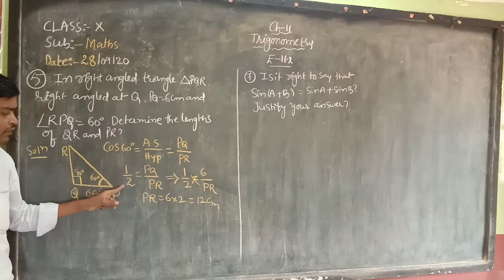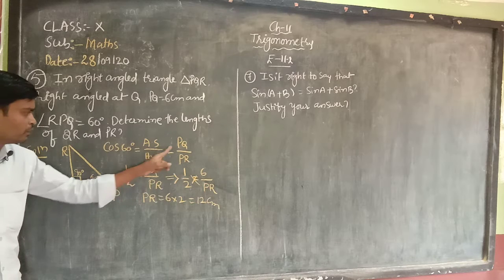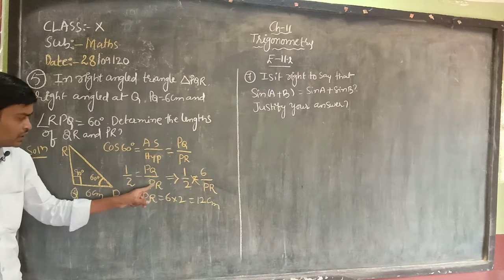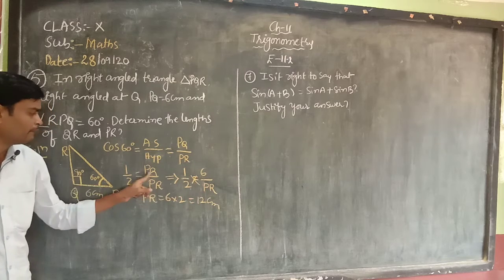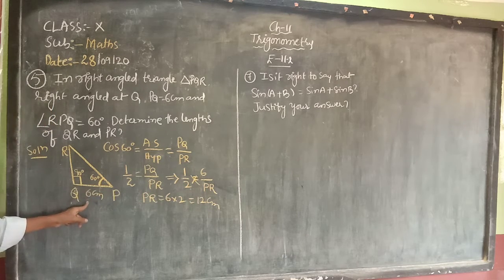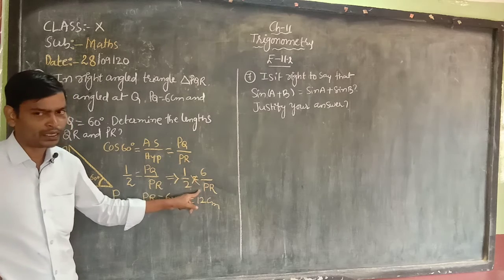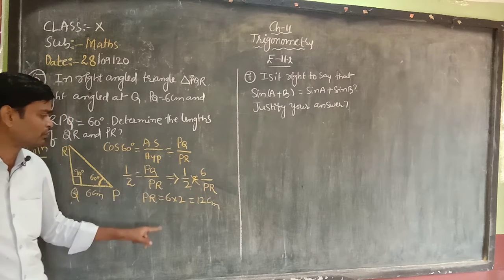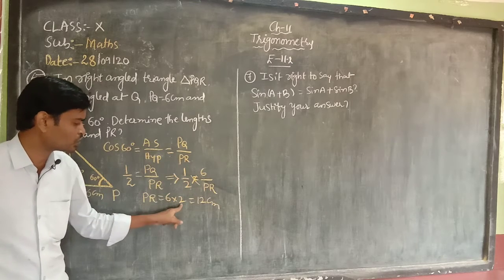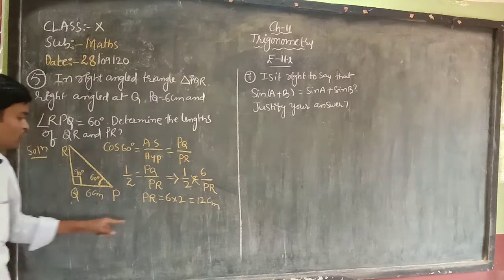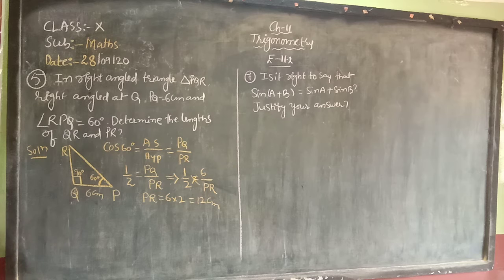Cos 60 is 1 by 2 is equals to PQ by PR. So that implies 1 by 2 is equals to PQ, which is 6 centimeters, so 6 by PR. By the cross multiplication, what we get? 1 into PR, PR equals 2 into 6, 12 centimeters. So we got PR as 12 centimeters.